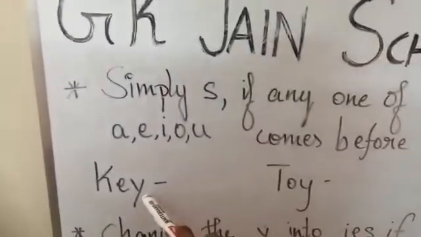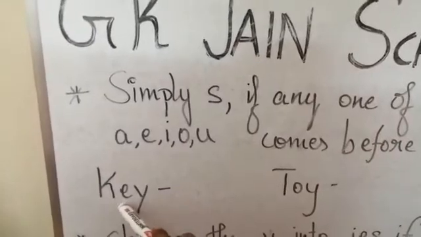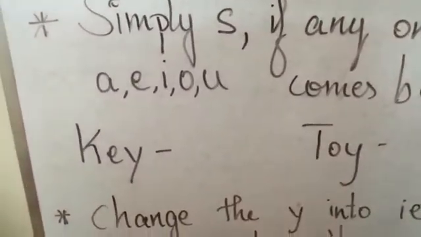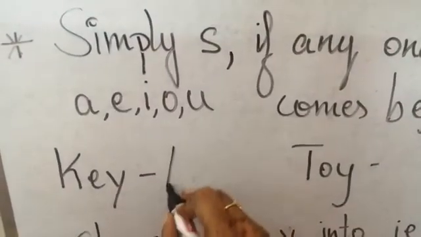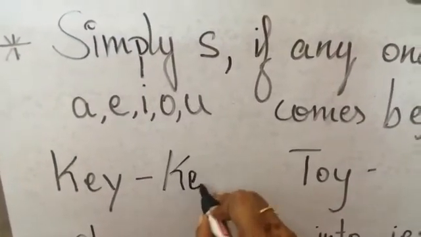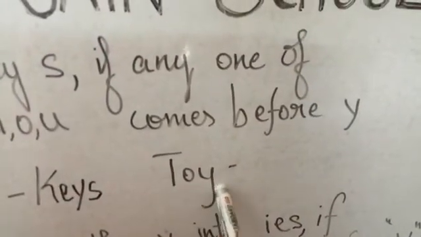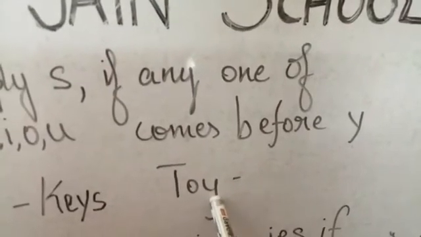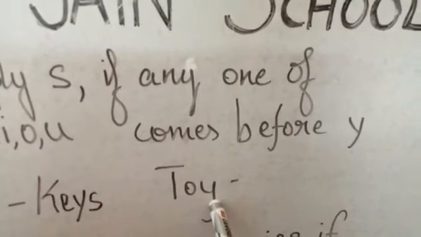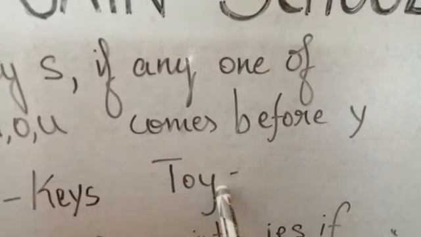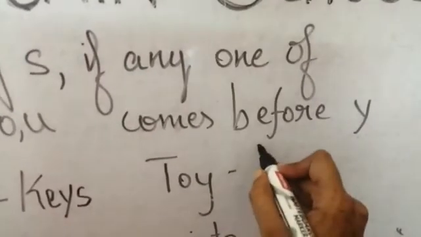Before y there is a vowel e, so you can simply add s at the end of the word: keys. Now see, toy, T-O-Y. Before y there is a vowel o, so you can simply add s at the end.